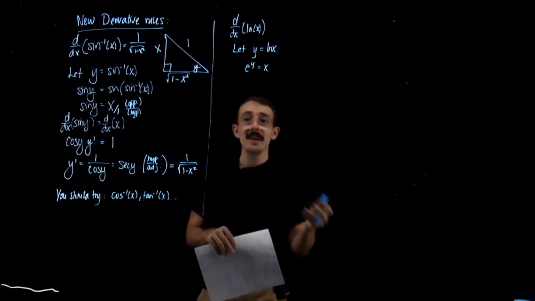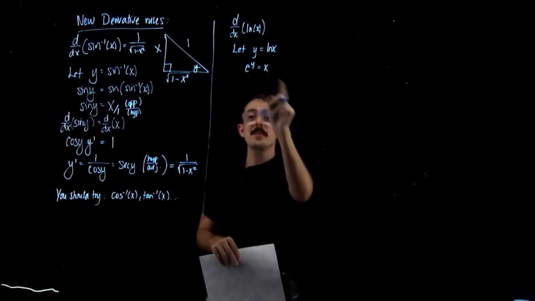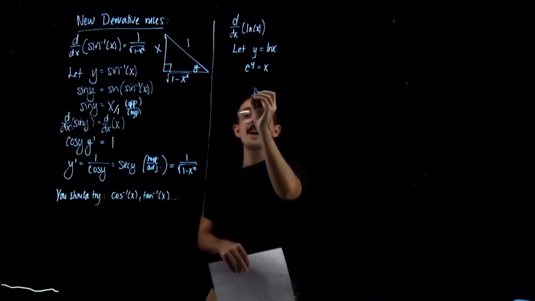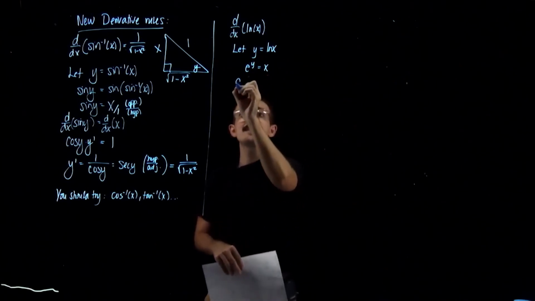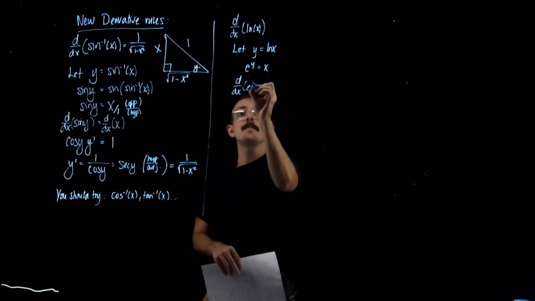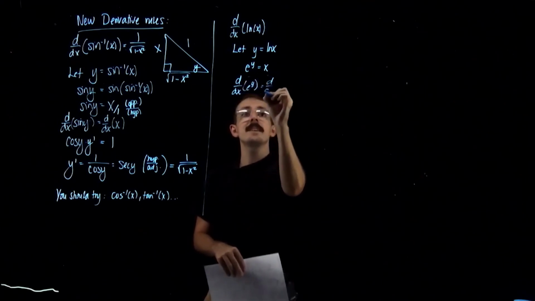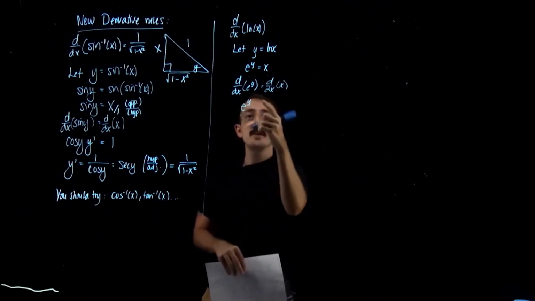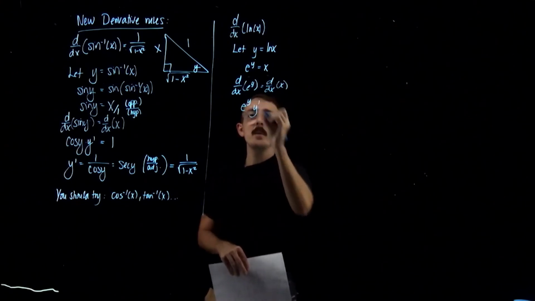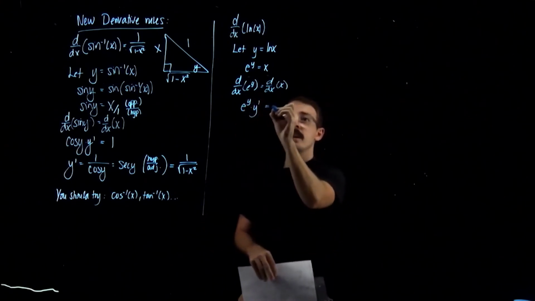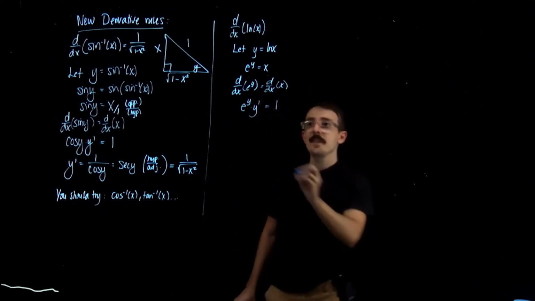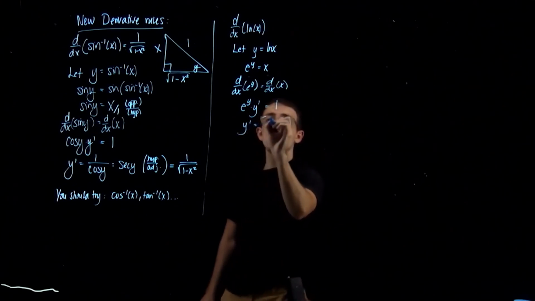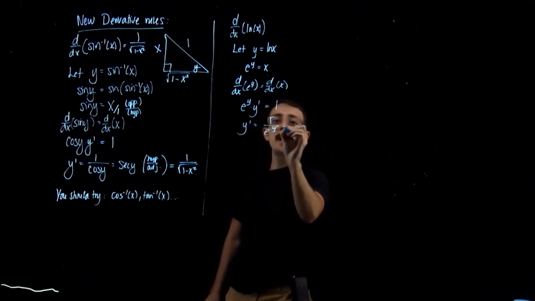Now I'm going to use implicit differentiation to take the derivative here. I have d/dx of e to the y equals d/dx of x. The derivative of e to something is itself. Using the chain rule, though, I have the derivative of the power, which is y prime. And then this is 1, so y prime equals 1 over e to the y.